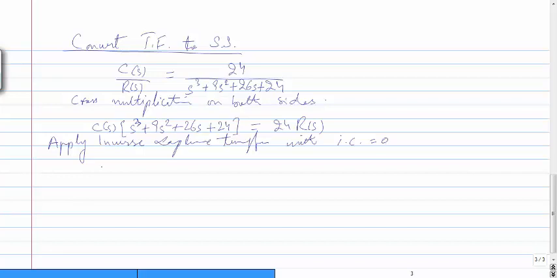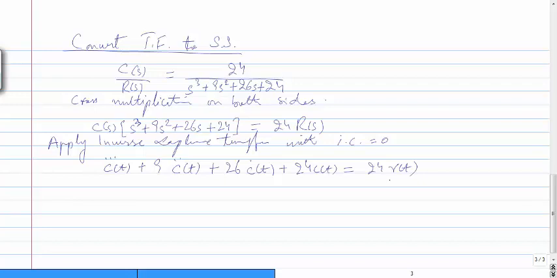So it says this is the third derivative of c(t) plus 9 times the second derivative of c plus 26 times the first derivative of c(t) plus 24 c(t) equal to 24 r(t). So this is the relation we get.